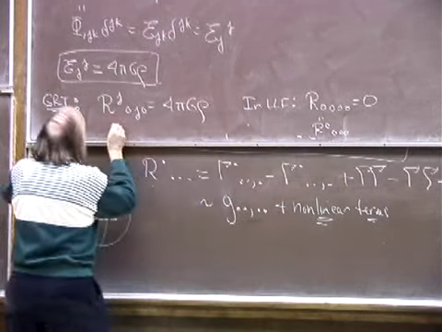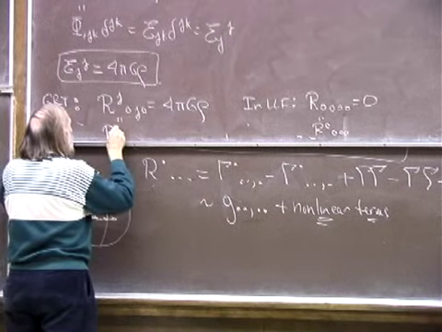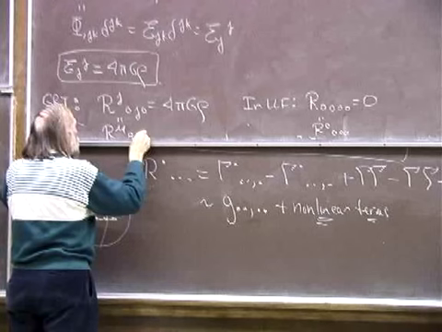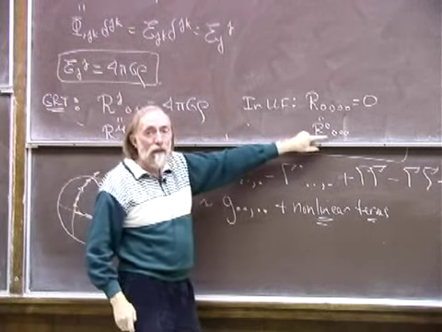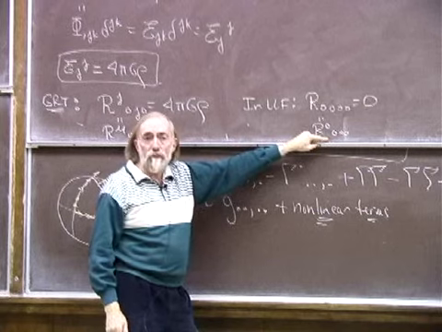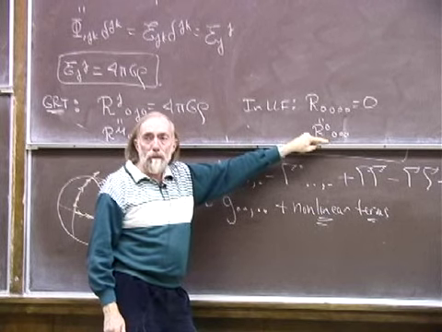And that means that I can rewrite this still in my local Lorentz frame as R^μ_{0μ0}, summing over all the indices. All I've done is added on this term. This term vanishes. So I've gotten part way toward having a geometric relationship.